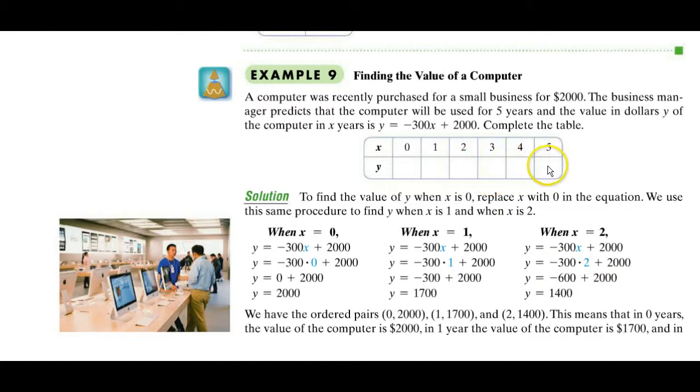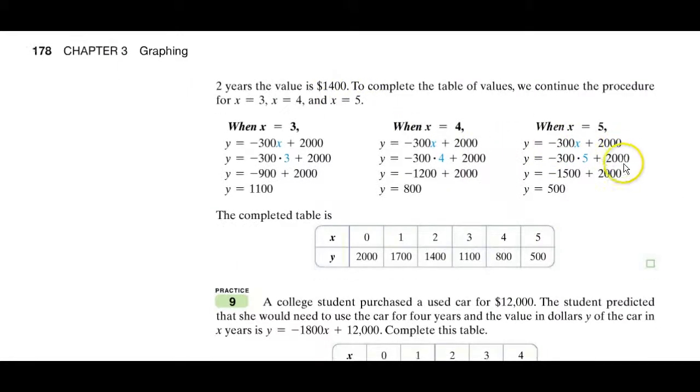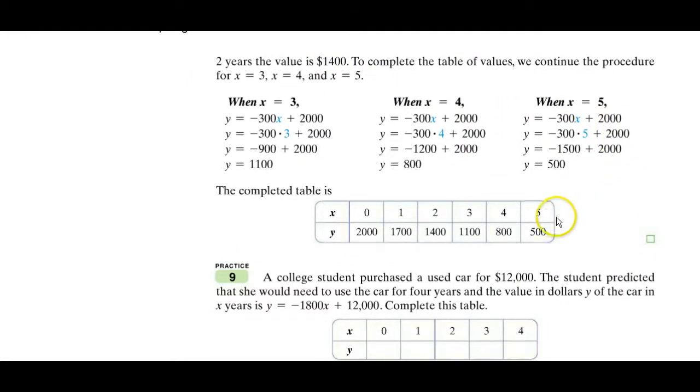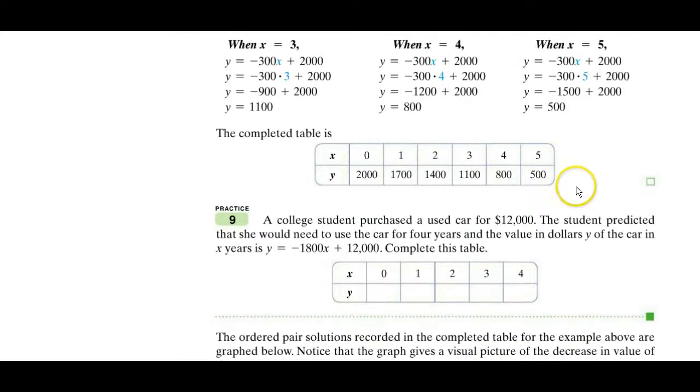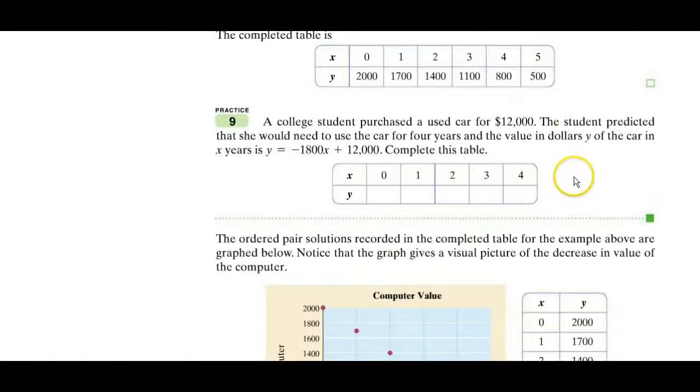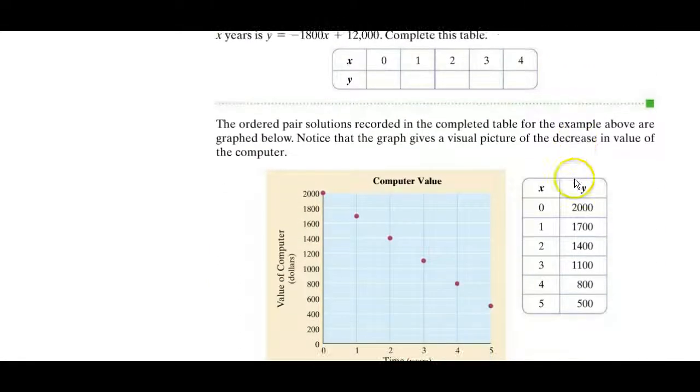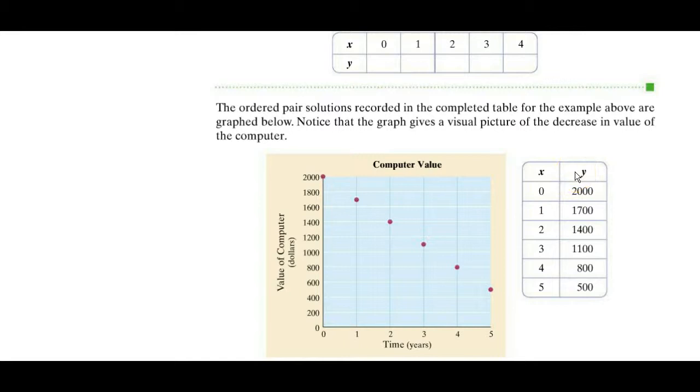Okay? And that's how you would do this particular example. So actually, toward the end of the 5th year, the computer is only worth this much. Okay? And then they can write it off their income tax or whatever. And this is what the graph of it would look like.